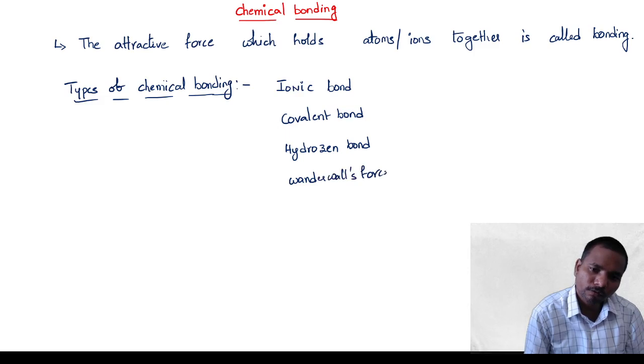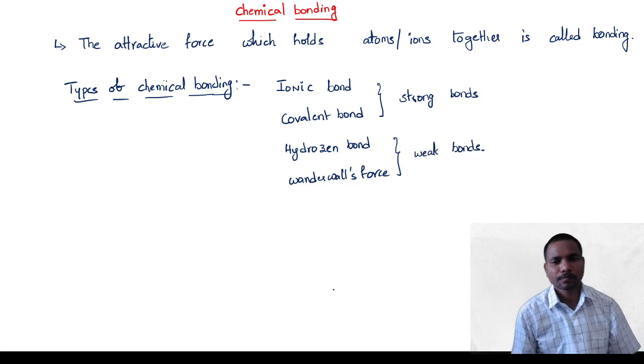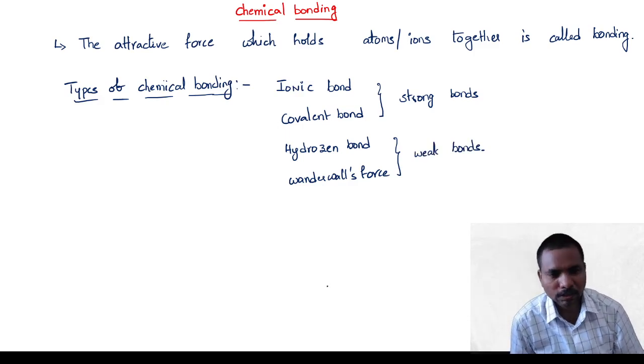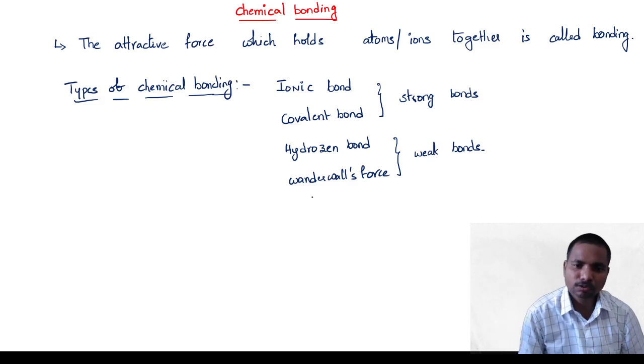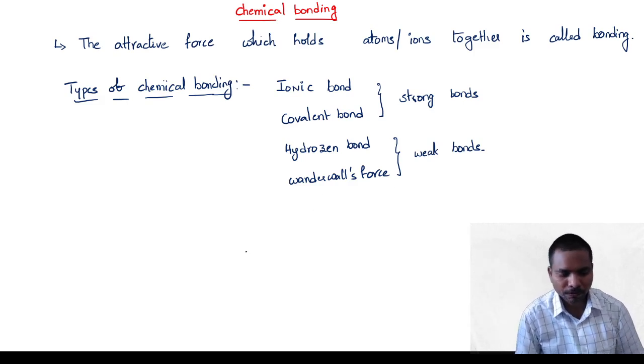The first two are strong bonds. These two are weak bonds. If they ask the question, which is the weakest bond, that is van der Waals force.